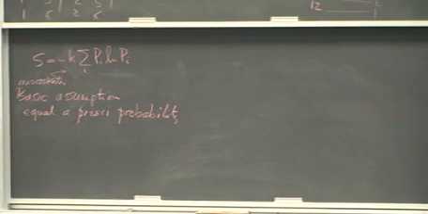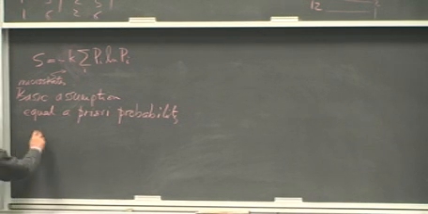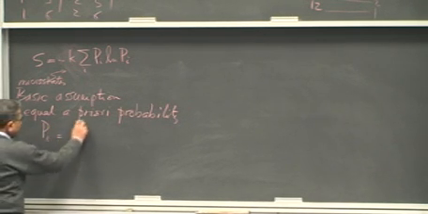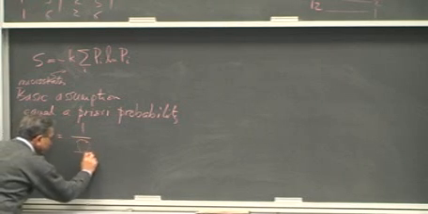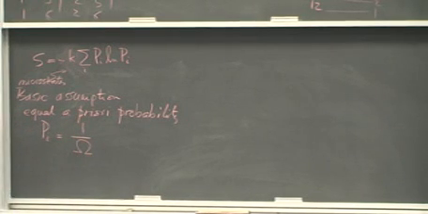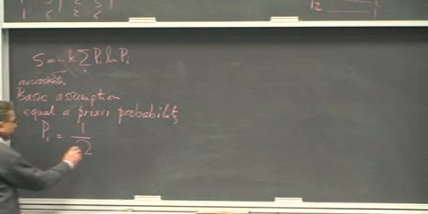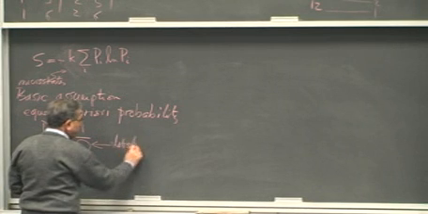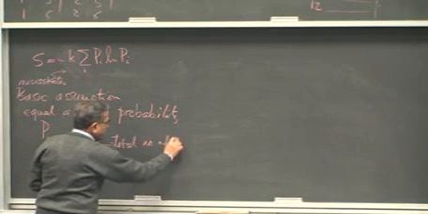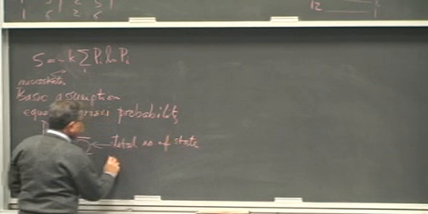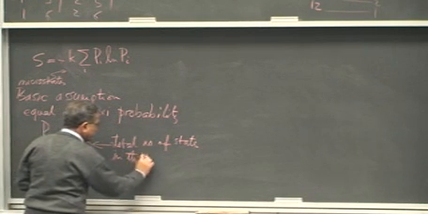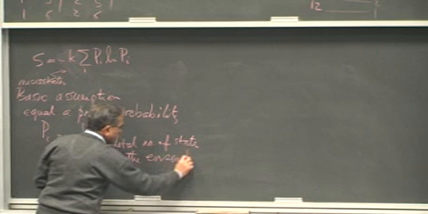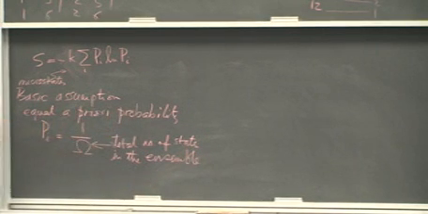Equal a priori probability means that when you start, you say all the probabilities are equal, which means that probability pi is equal to 1 over omega, I'm going to use this number omega to show the total number of possible states in the ensemble.